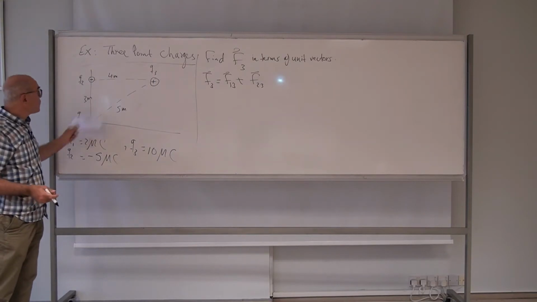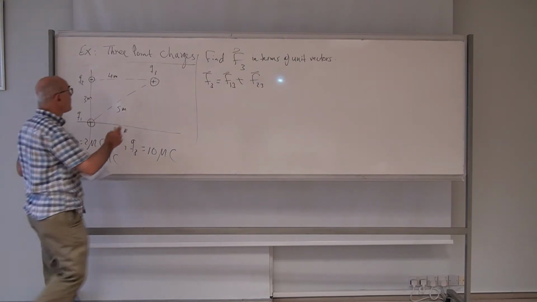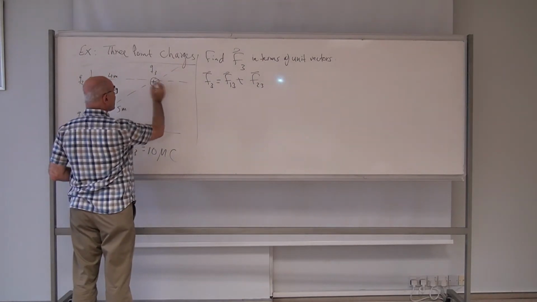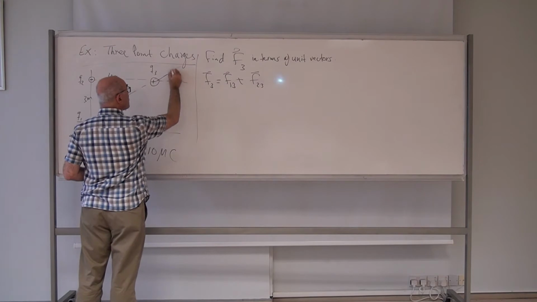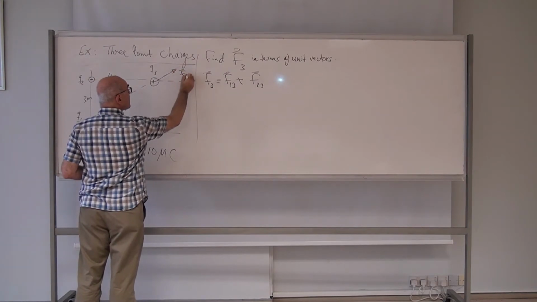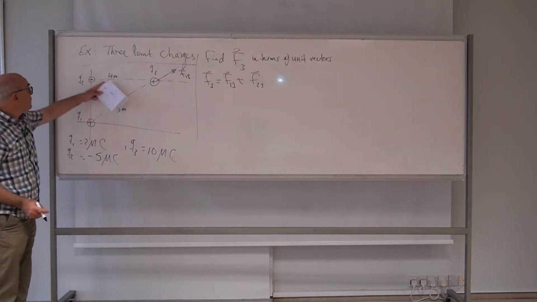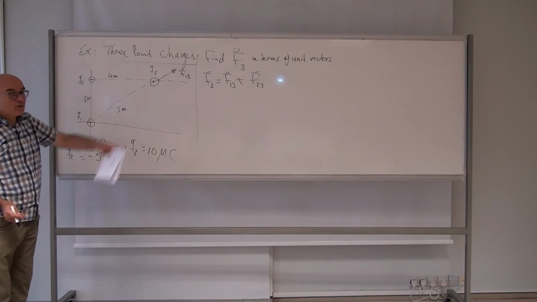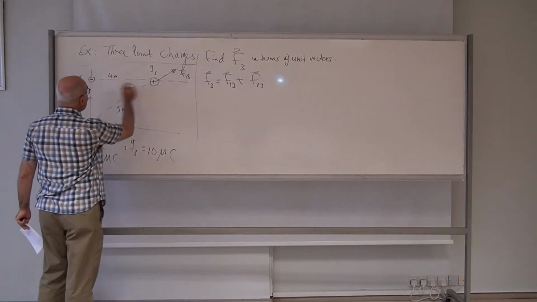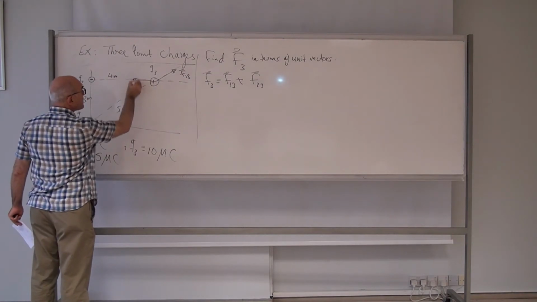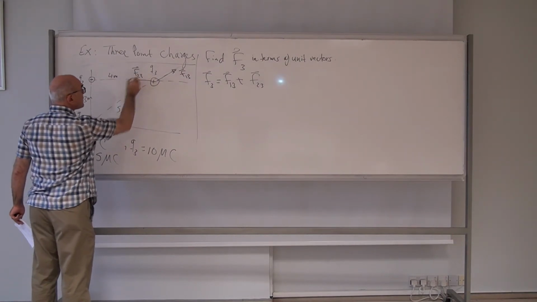Now, Q1 and Q3 are both positive, and therefore this force is repulsive, and so this is the direction of F13. Now, what about F23? F23 in this case is an attractive force, the force by 2 on 3, and it is directed here.